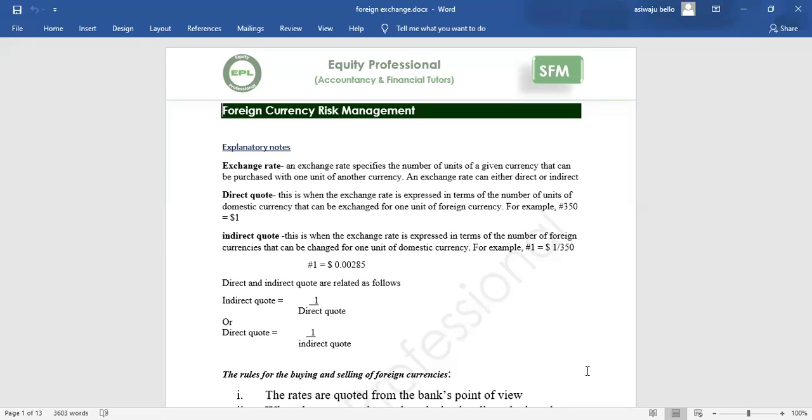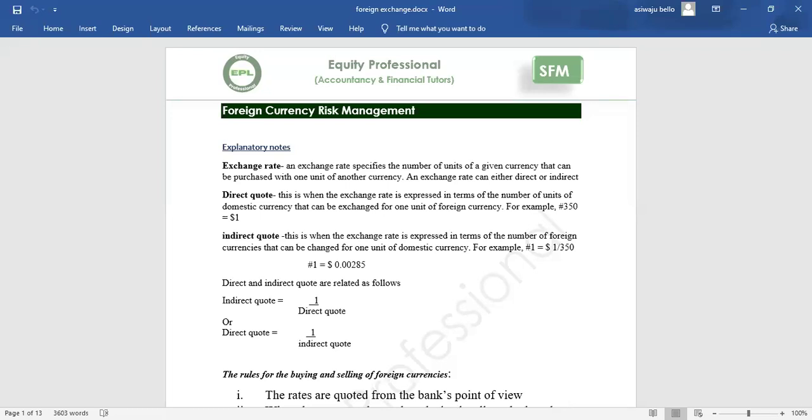That becomes direct quote. Direct quote is expressed in terms of number of units of domestic currency that can be exchanged for 1 unit of foreign currency.